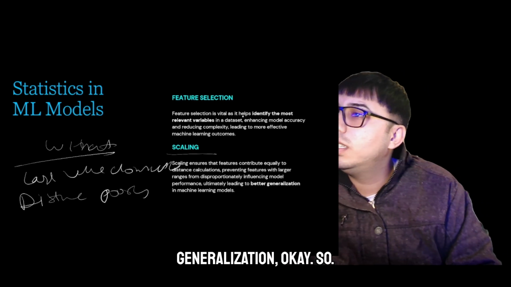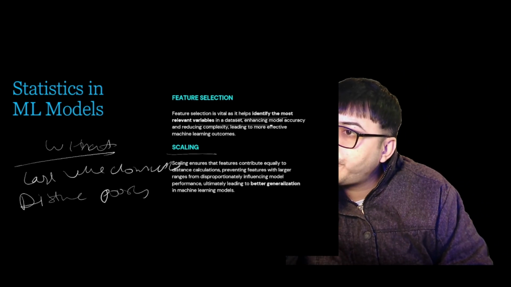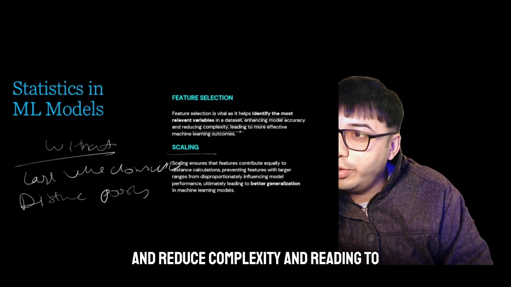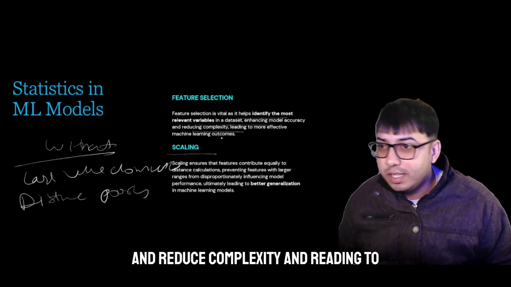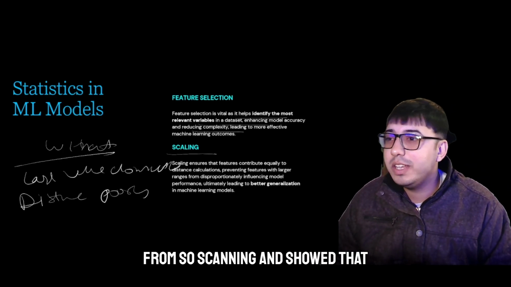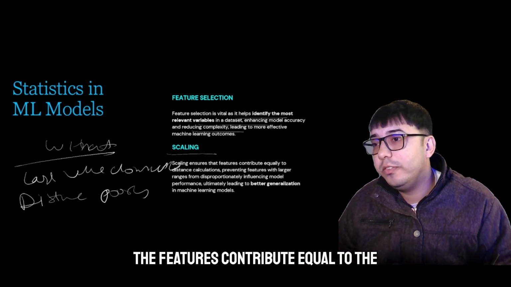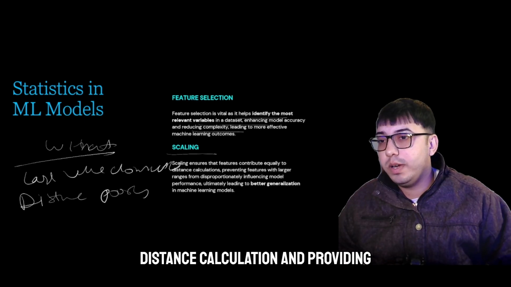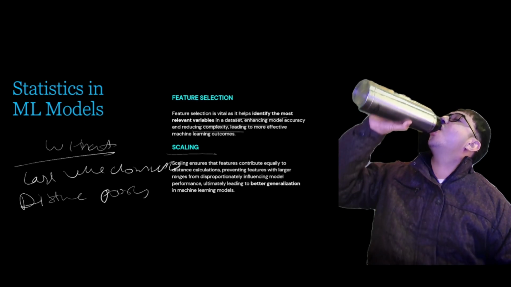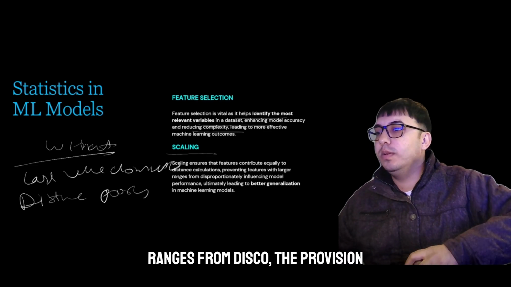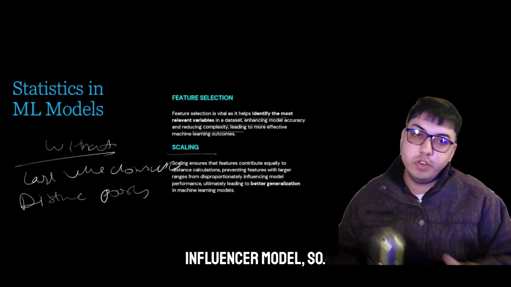Okay, so it helps enhance model accuracy and reduce complexity, leading to more effective machine learning outcomes. So scaling ensures that the features contribute equally to the distance calculation, preventing features with large ranges from having a disproportionate influence on the model.